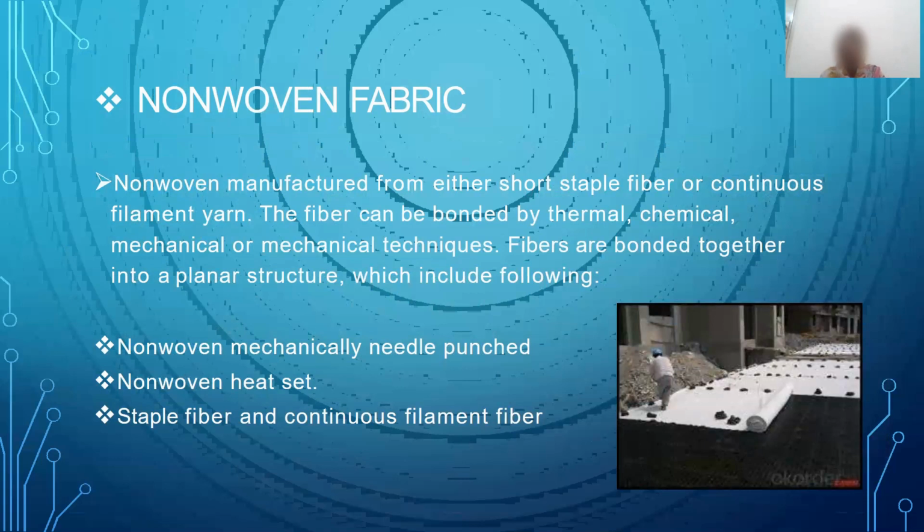Next one is non-woven heat set, a term used in the textile industry to describe thermal processes usually taking place in either a steam atmosphere or a dry heat environment. And the other is staple fiber and continuous filament fiber, as I told you earlier.